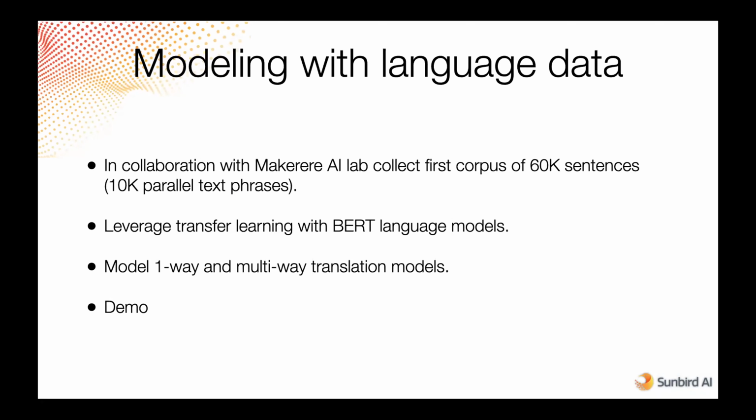One way was to build one-way models or multi-way models. So one-way models, for example, Luganda to English, or multi-way, you could have Luganda to English, Luganda to Lugbara, Lugbara to Runyankitara. You can build them different ways, so we are investigating different ways of building them. We now have Luganda English, English Luganda.